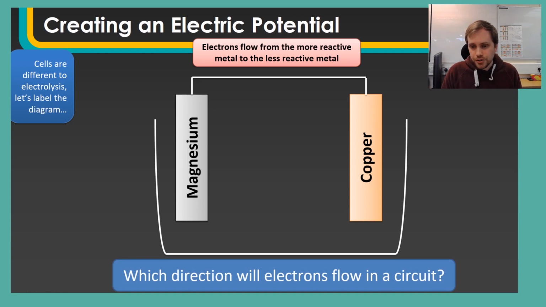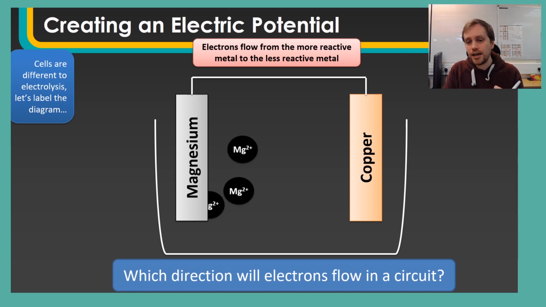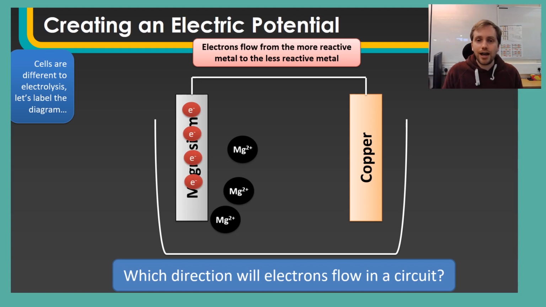So we've already thought about which direction the electrons are going to flow in. They go from the most reactive metal to the least reactive metal. So in this case, that's from the magnesium to the copper. To allow the electrons to do that, magnesium needs to turn into an ion. So it undergoes oxidation, it loses electrons. Those electrons leave the magnesium and the magnesium ions diffuse into the solution.